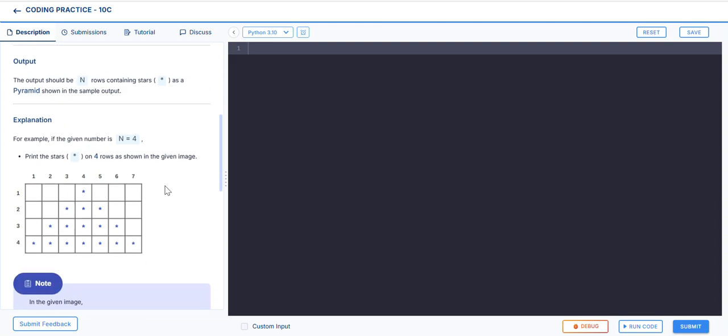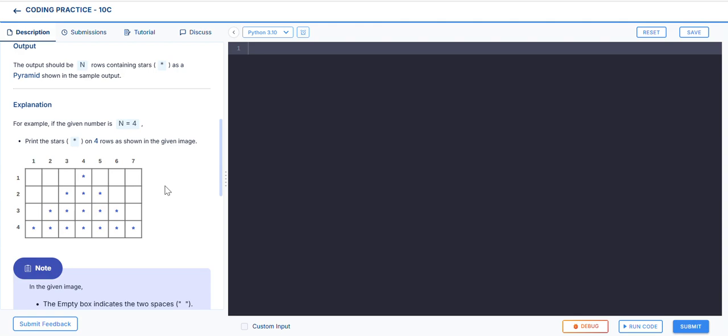Look at this: for example, if the given number is n equal to 4, we have to print n rows, and look into how the star count is increasing here. Let's see in Notepad.